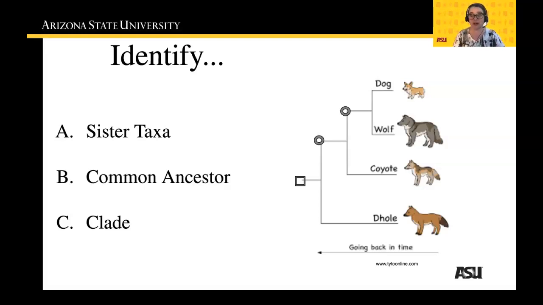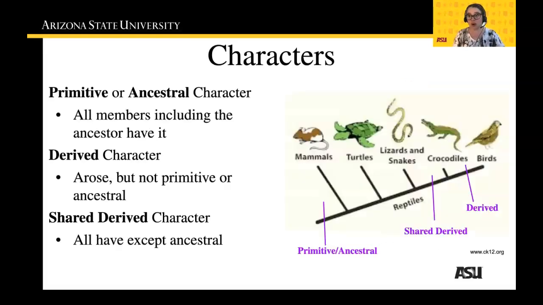Each clade is also known as a monophyletic group. When we look at organisms in phylogenetics or in cladistics, we look for morphology, and the morphological traits are called characters. The primitive or ancestral character is one that all members in the clade have.